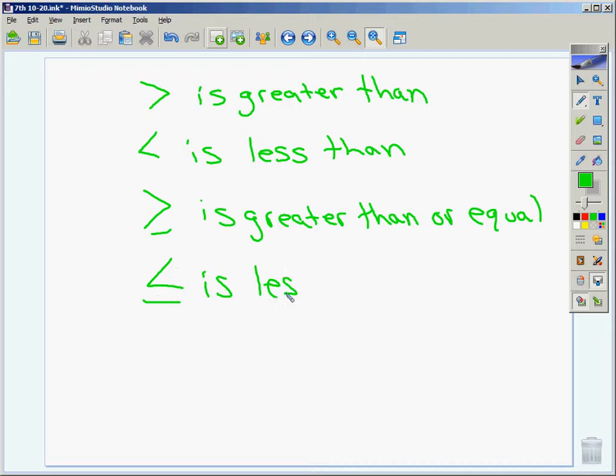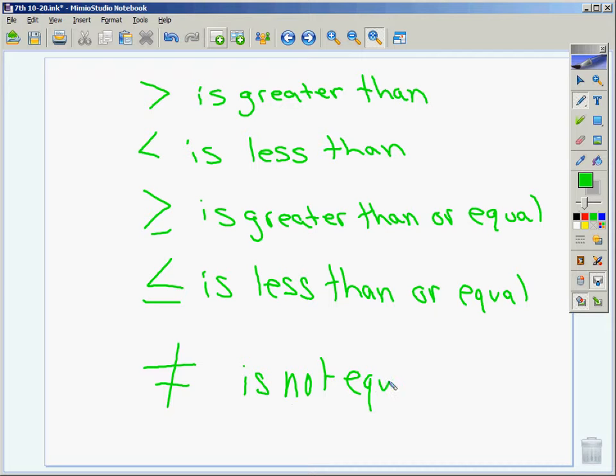Is less than or equal. And there's actually one more inequality that we don't deal with much. It's this one. And what does that mean? Is not equal. Those are the only inequalities that there are.